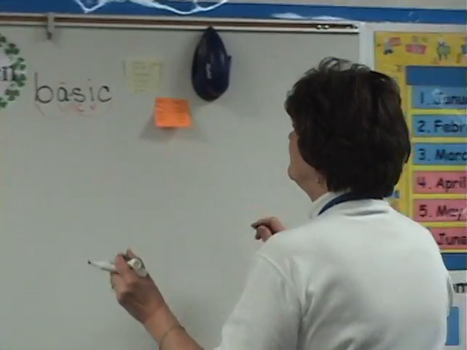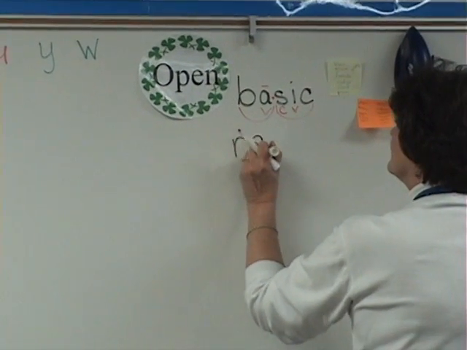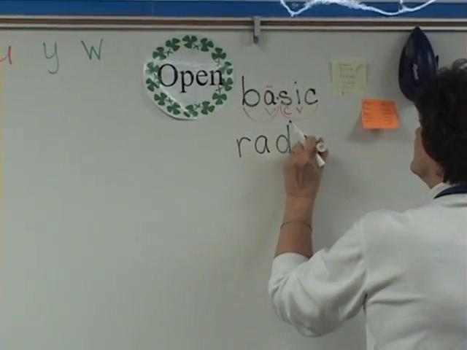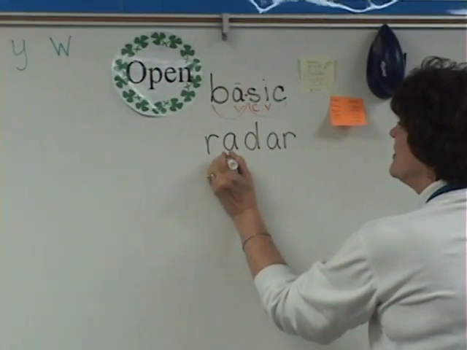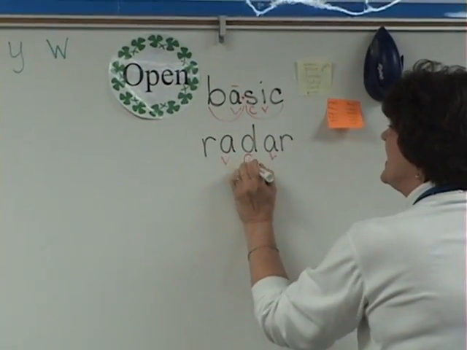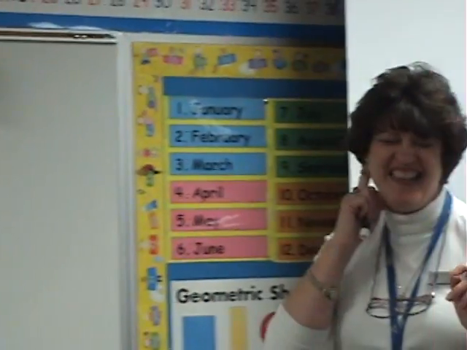Let's try another one. Okay, let's see. I'm supposed to look for the vowels. I've got an A and an A and a D is in between. And there's only one consonant in between the two vowels.